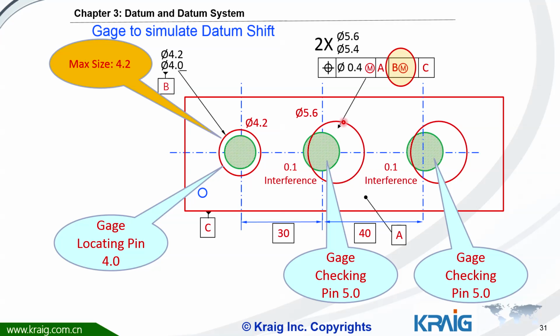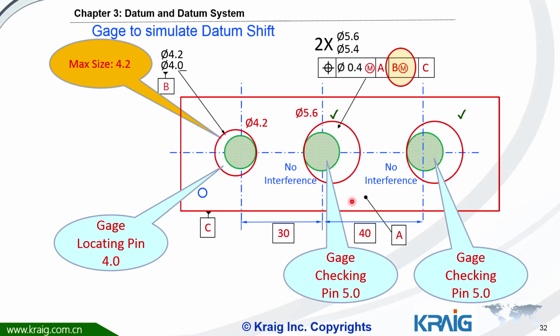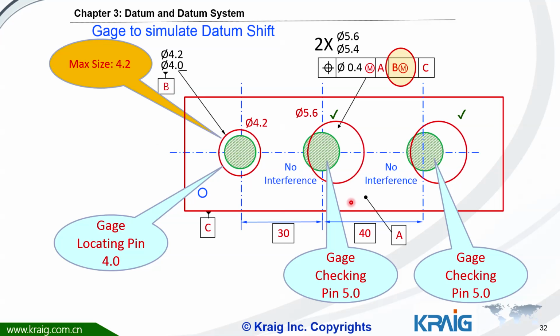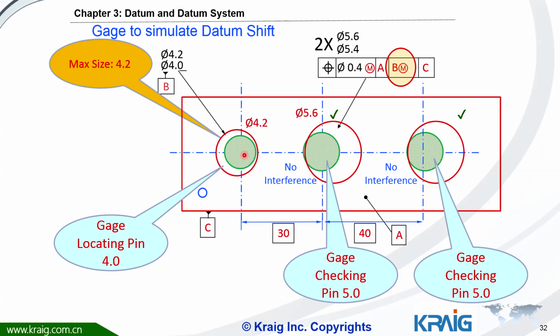If the tolerance features are deviated to the right, both of them in the same direction, and there's interference at the left here and at the left here. In that case, we can move the component using datum B, right? We can move a little bit to the left, and then there's no more interference.